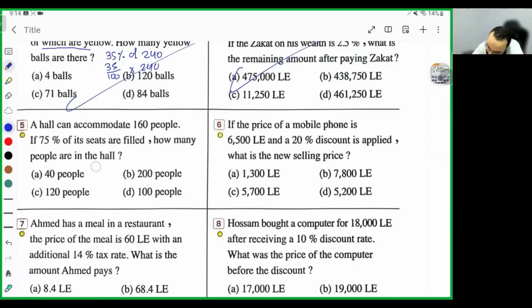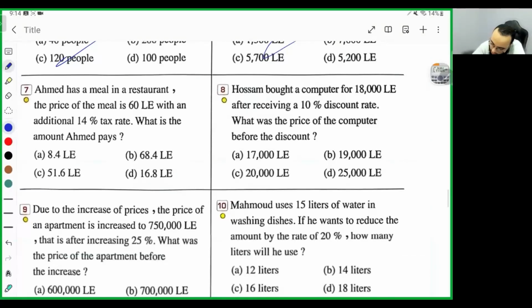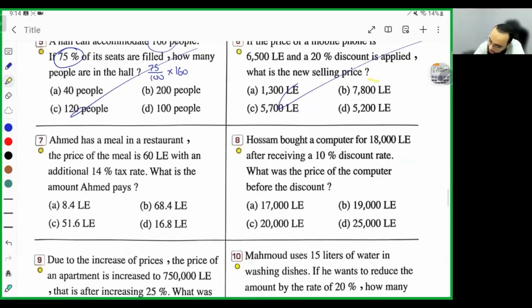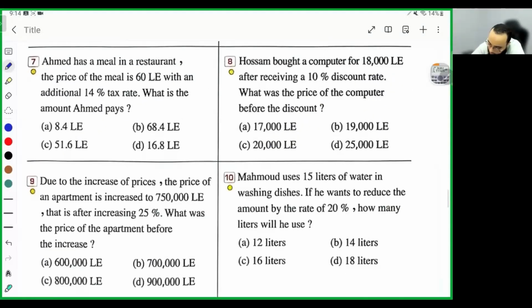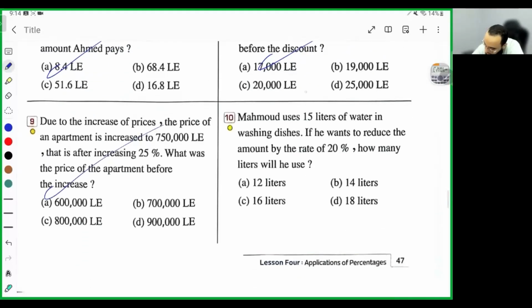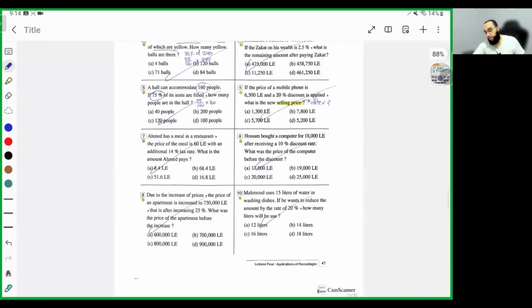So it's 75% times 160. 75 over 100 times 160. The price discount, we solve it like this. And the selling price means the price after the discount. A question on a tax, a question on a discount, and this is increasing, and this is reducing. All of them, we solve like this.